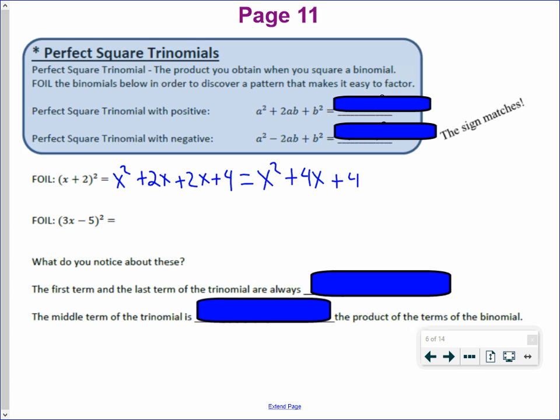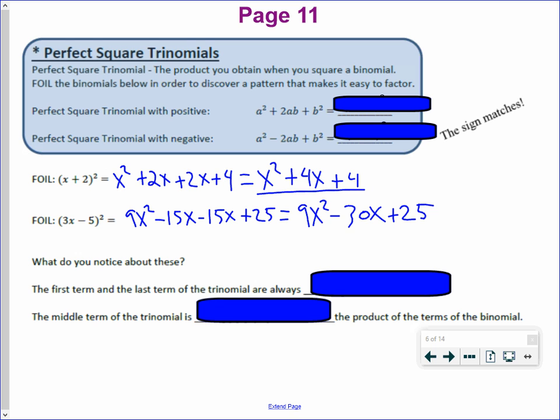For 3x minus 5 squared, if we FOIL this out, we'll get 9x squared minus 15x minus 15x plus 25. Or if we add like terms, 9x squared minus 30x plus 25. So if we FOIL out both these binomials, this is what we get.